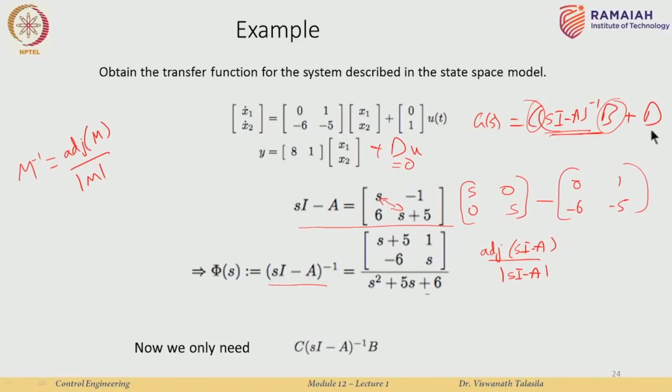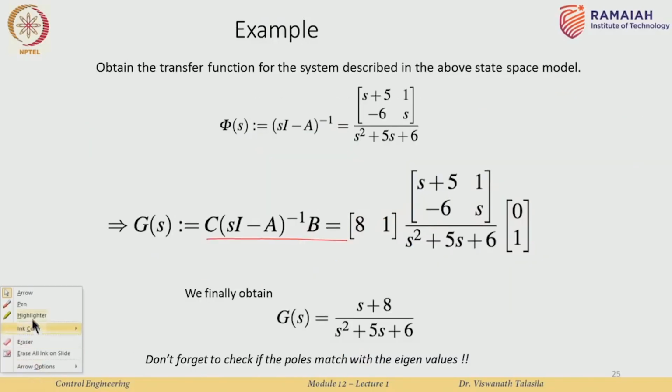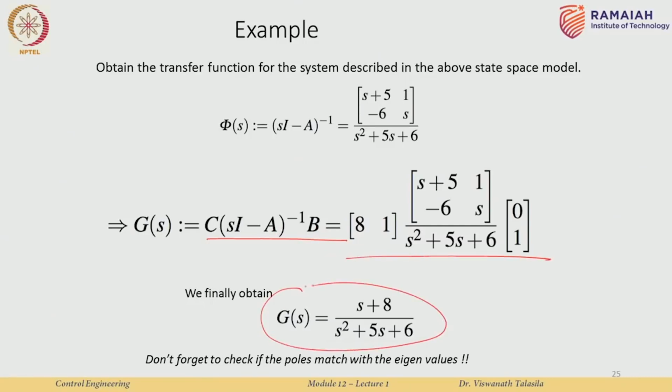It really does not matter for us, we can ignore that, and what we get is C (sI minus A) inverse times B. You do all the multiplication and you are going to get this transfer function. So, this is a simple example to show, given a state space model, how to derive the transfer function.